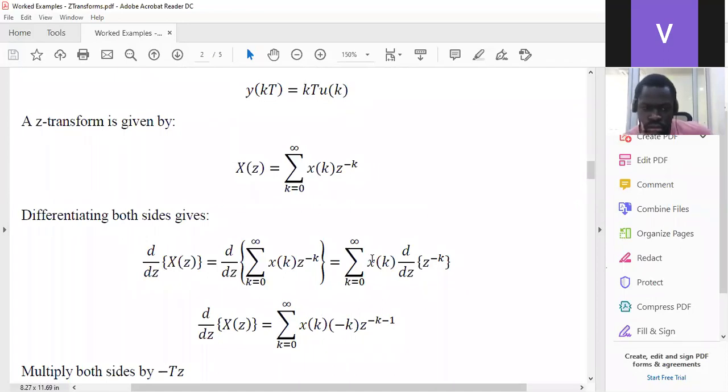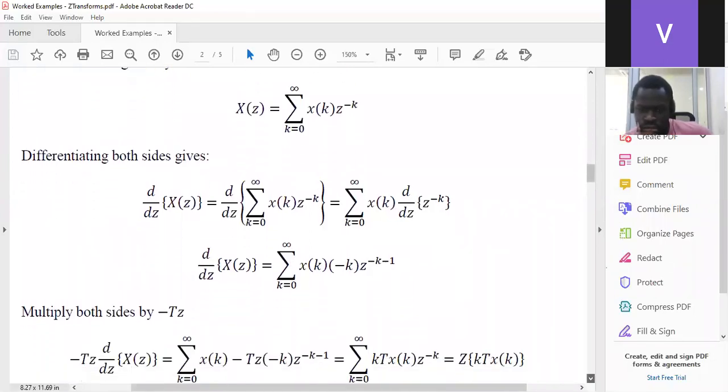So when we differentiate, we got this. Like I said, you would just shift this here, then shift the z, then it will come here. Now you are differentiating z to the power minus k. When you differentiate, the minus k will come down, then you have minus k minus 1. So that's why you have this.